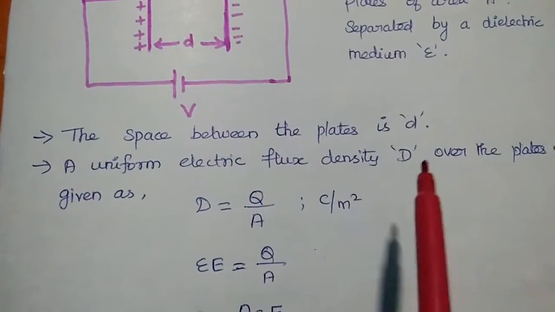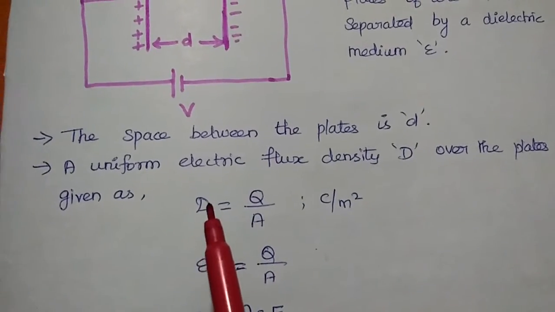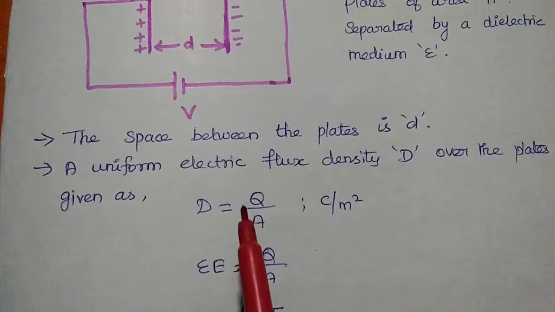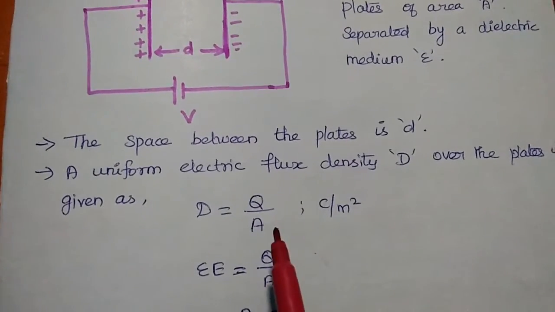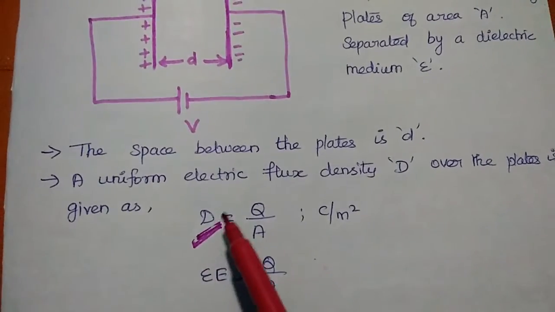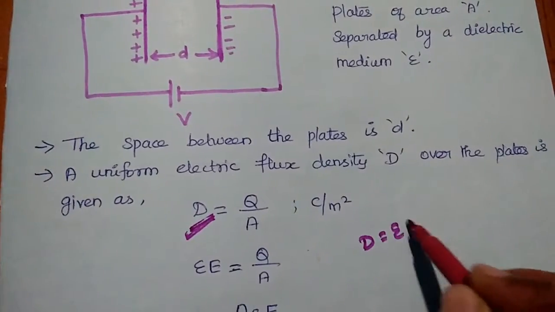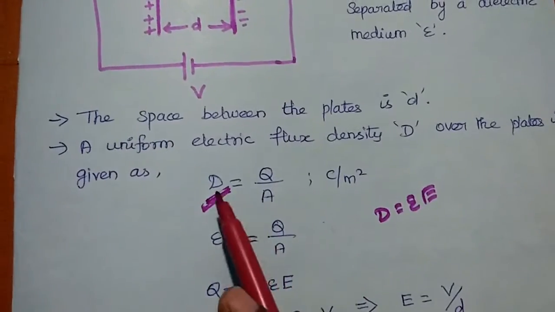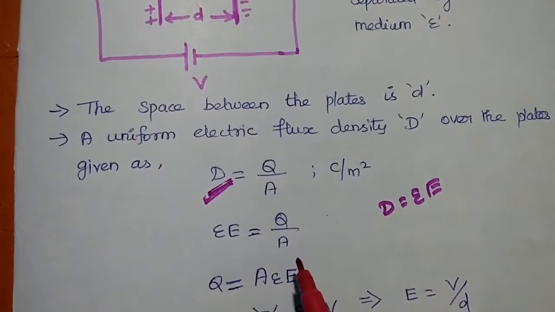By the general definition, electric flux density is charge per area, that is Q by A. We know that flux density D is equal to epsilon into E. We can replace D by epsilon E, which equals Q by A.